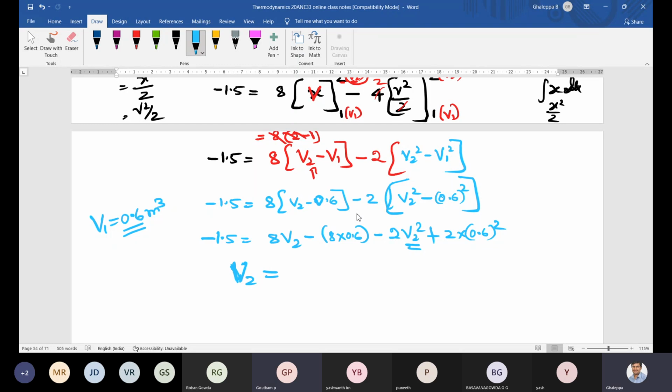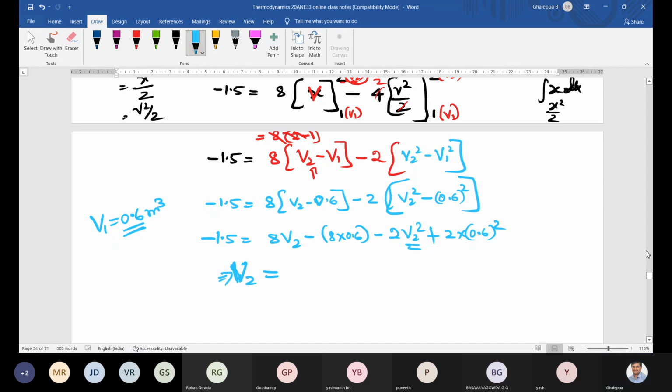Why is it less? Okay, there will be only two answers, either more or less. You have to give the reason for it. Answer is right. Value of V2, the final volume, should be less than this value.